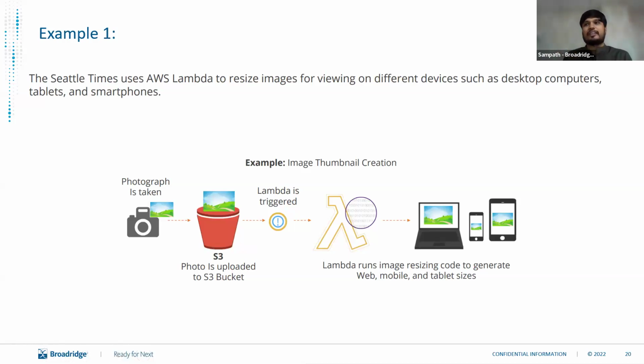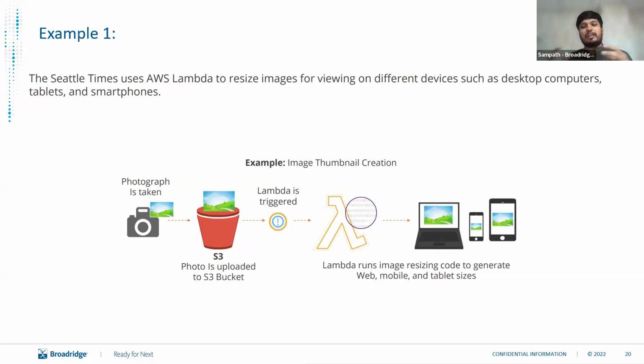Let's say I have hundreds of pictures coming in, and at the end of day, let's say 10 p.m., I would trigger this Lambda. What it does is take all the 100 images and resize them based on the devices list I have.